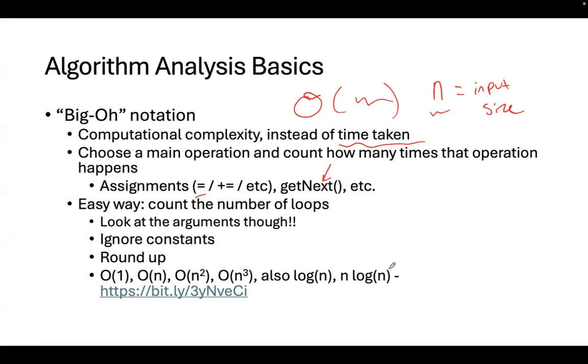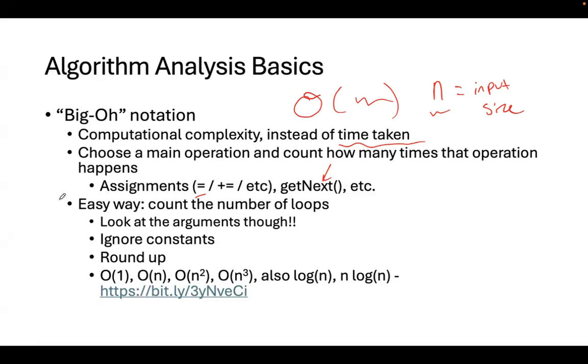So that has to be something that you as the programmer, when you're looking at code that you write, you say, what's the really important thing that I'm doing here? And that's your operation. And then you count how many times that happens.